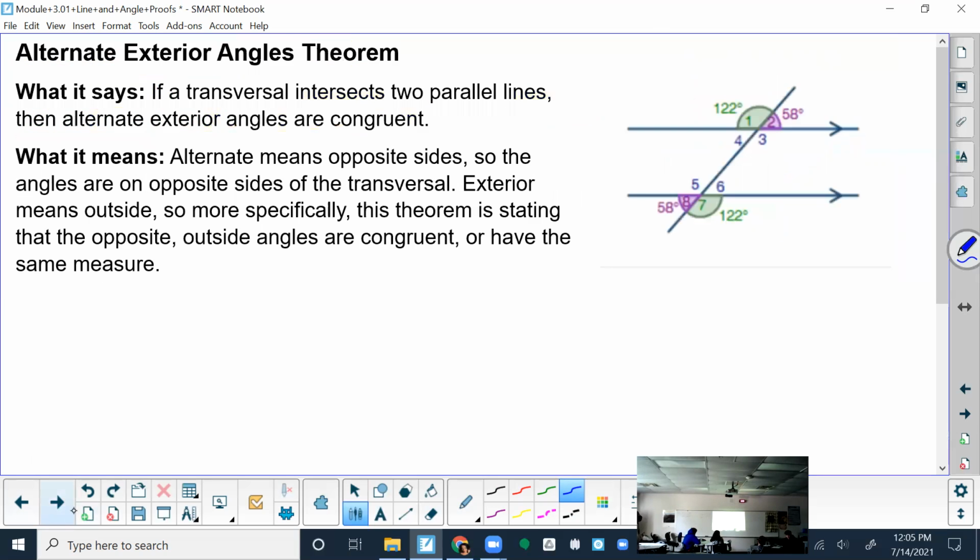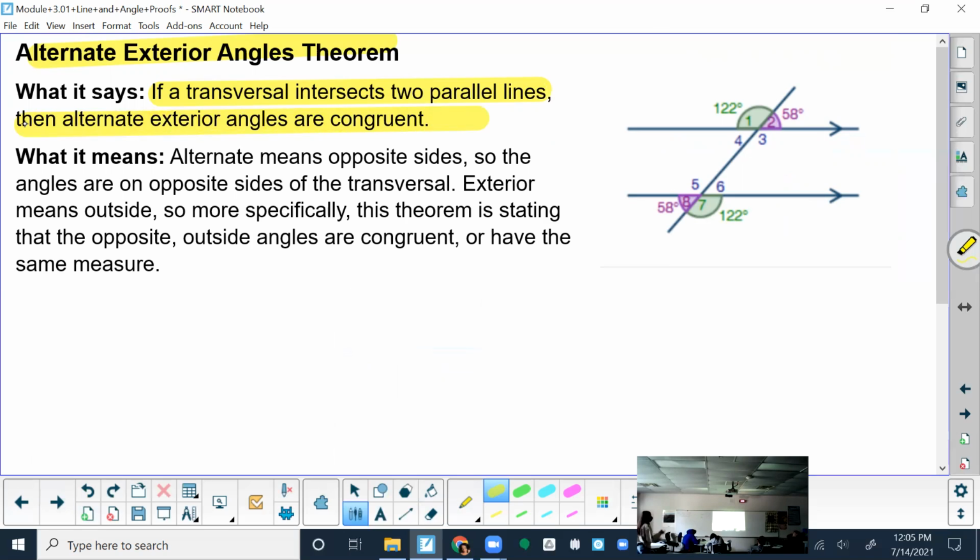Next, we have the alternate exterior angles theorem. It says that if we have a transversal intersecting two parallel lines, the alternate exterior angles are congruent.